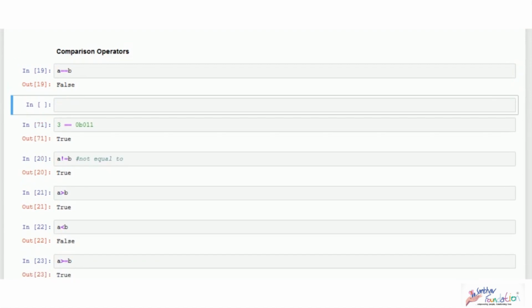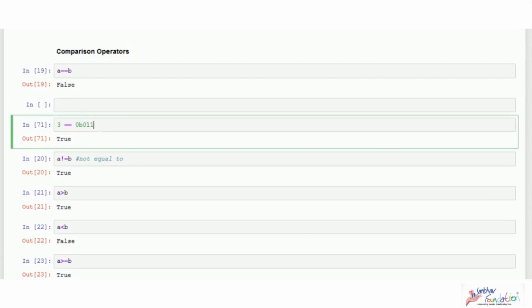Now let me just try this. Okay, so here we have 3 equal to 0b011. So 0b stands for binary, right? And 011 is the binary equivalent of the decimal number 3. Since they both are equal, that is 3 is the same as 3, we get the output as True.